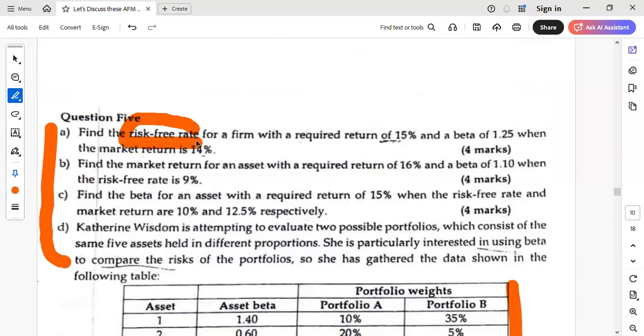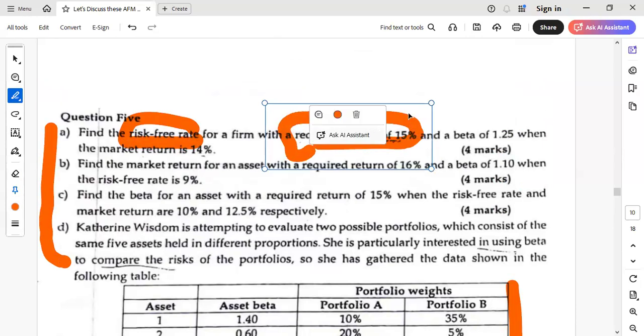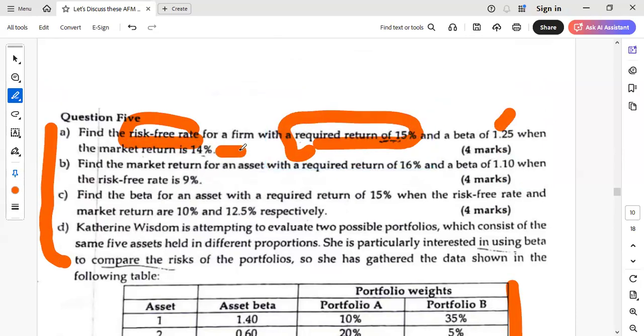This is RF, with the required rate of return. You have KE, the expected return. You have beta, you have the market. I think you can answer this.